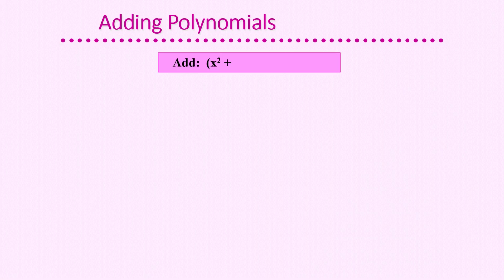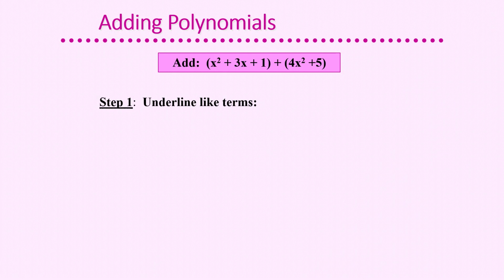Now, let's add polynomials. For example, add x squared plus 3x plus 1, plus 4x squared plus 5. First step, we underline the like terms.